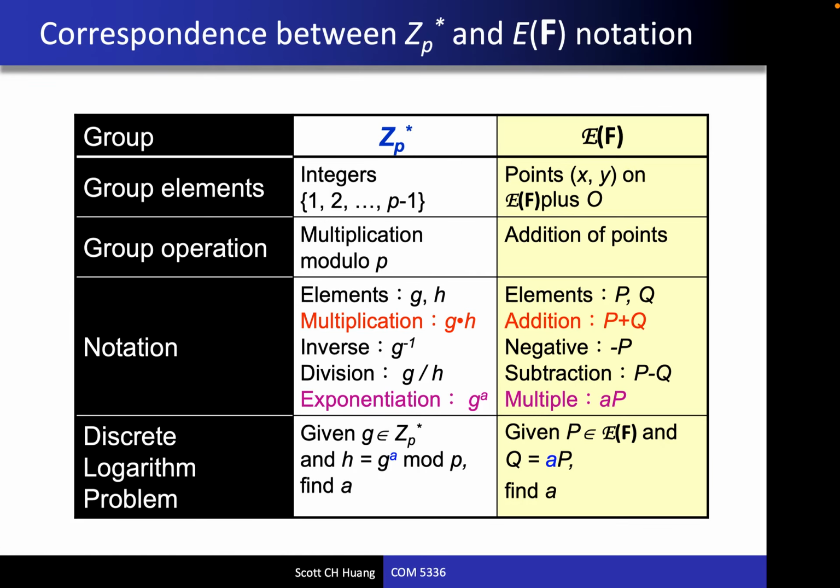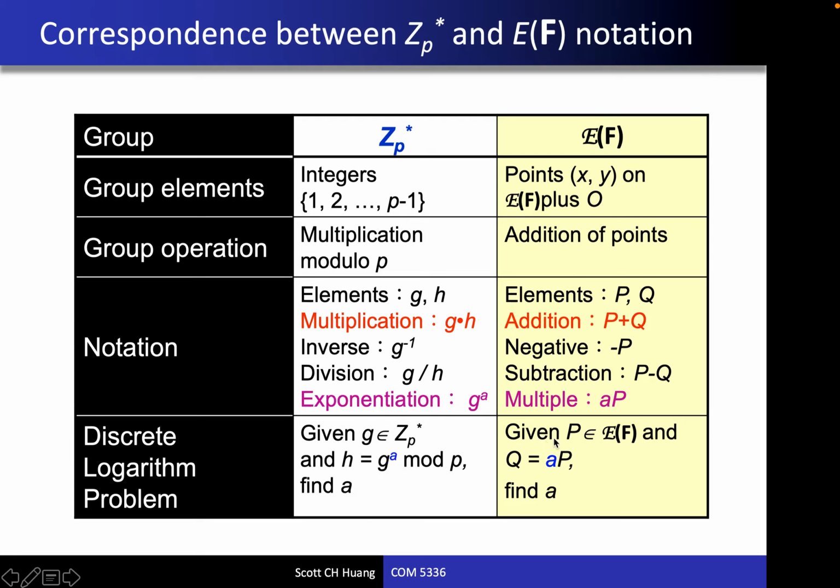Now, this modular exponentiation will be changed to scalar multiple, and essentially we apply the same algorithm, the modular exponentiation algorithm. Now the discrete log problem is modified accordingly as well. Initially, given the base g and any element in ZP star, we find the index.